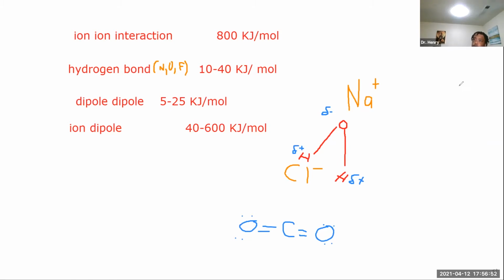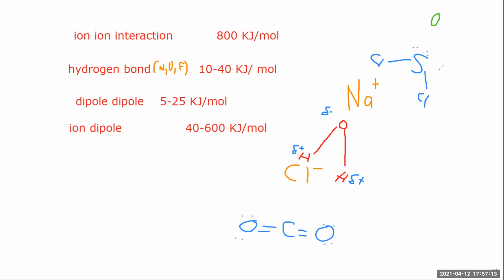Because when we're talking about sulfur dichloride, it's actually considered to be polar because you have those lone pairs, we have that bent structure. The bonds would be polar, but the overall molecule is non-polar.